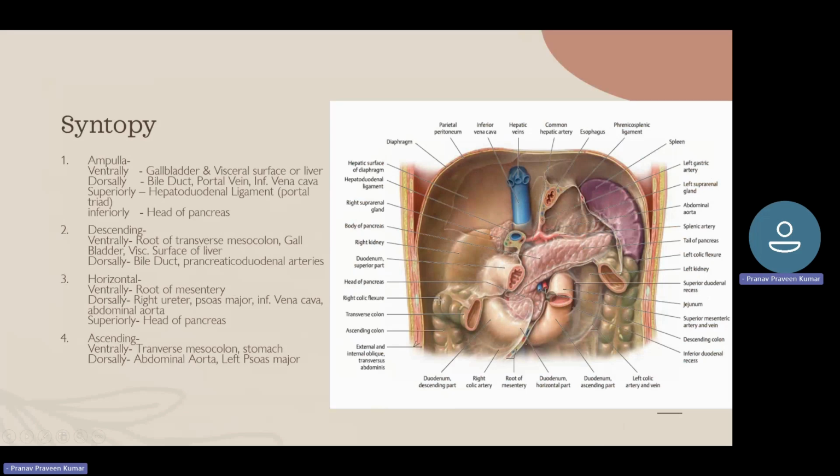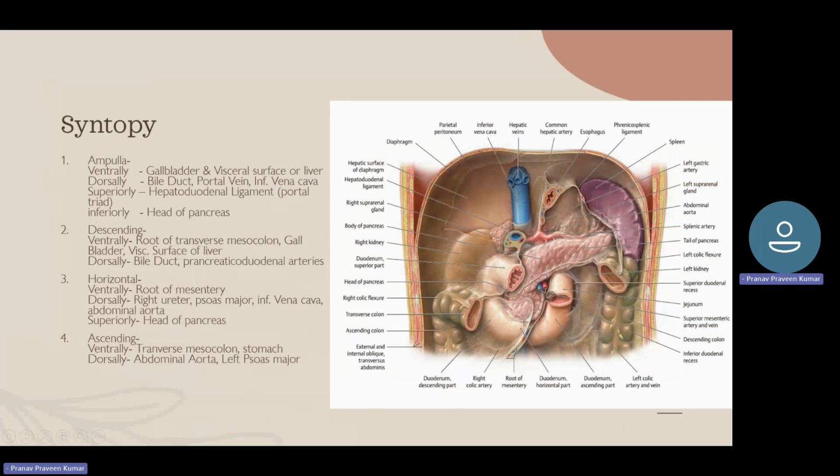So the root of the transverse mesocolon goes over the descending part of the duodenum, and ventrally to that would be the gallbladder and visceral surface of the liver as well. And dorsally behind the descending part would be the bile duct, obviously, and the pancreaticoduodenal arteries. We'll get to the blood supply in a bit.